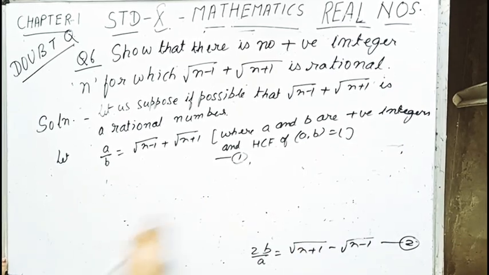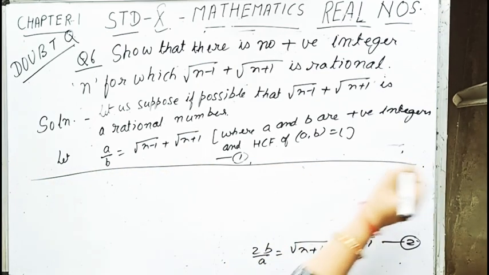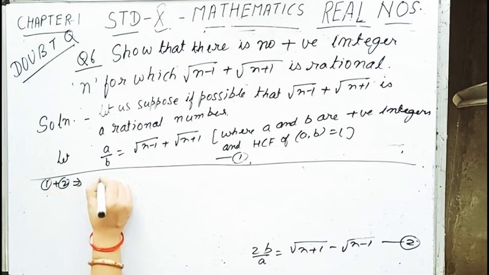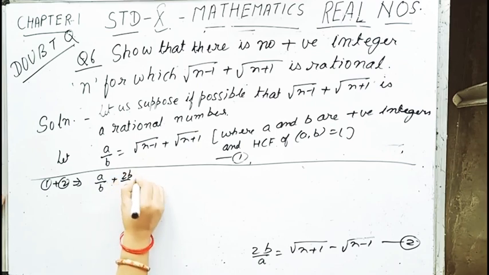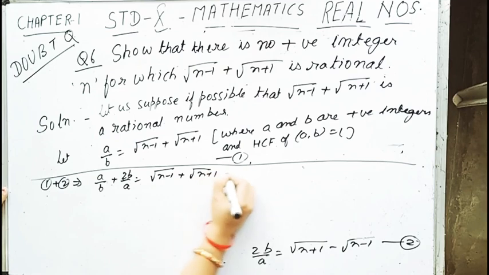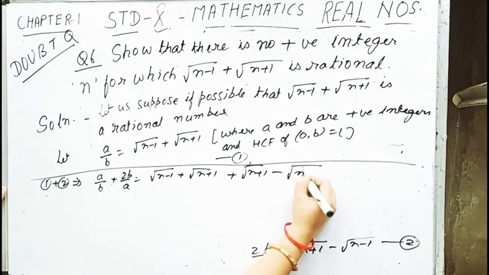Now 1 plus 2 implies a/b + 2b/a = √(n−1) + √(n+1) + √(n+1) − √(n−1).